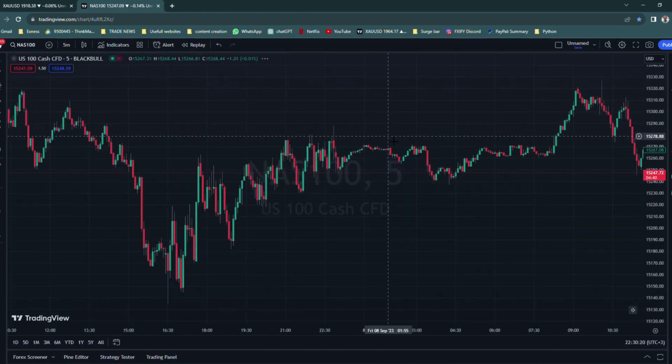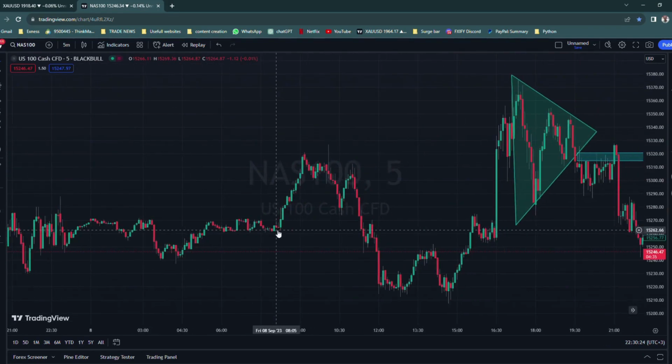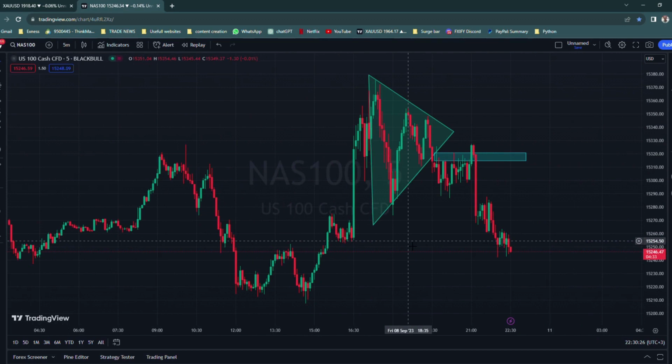So guys, try to understand a symmetric triangle is just a market structure where, in simple terms, the price converges into a small point where it breaks to either side, up or down.